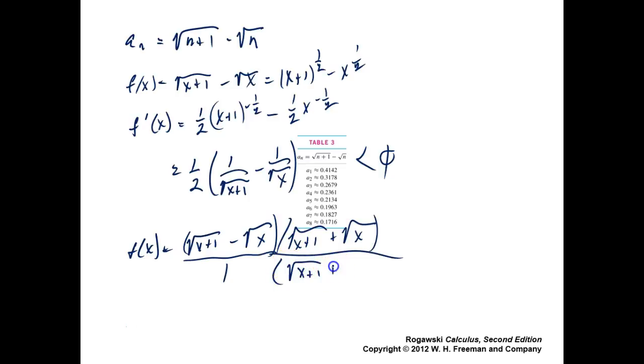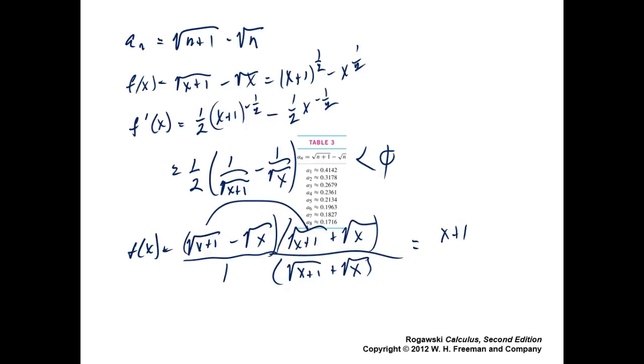Multiply by the conjugate. But then you're going to have to multiply the denominator by the conjugate too, the square root of x plus 1 plus the square root of x, right? So what does our numerator become now? FOIL it. What does that give you? Square root of x plus 1 times square root of x plus 1 is x plus 1.